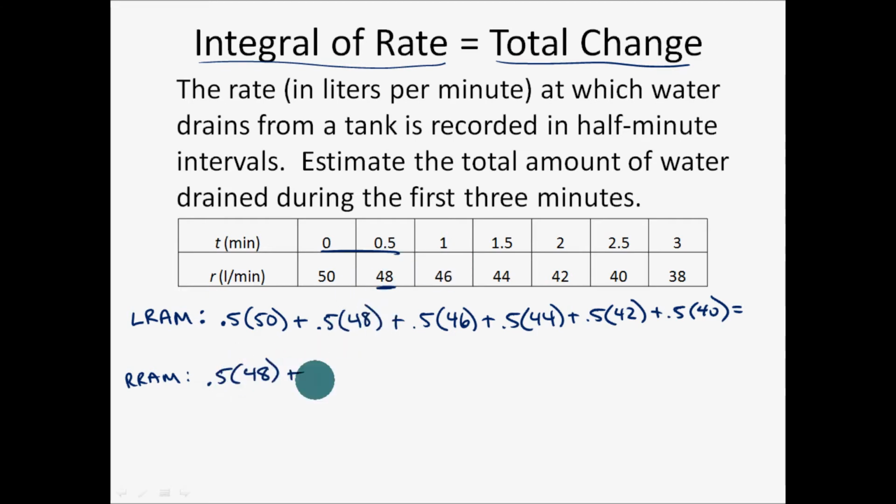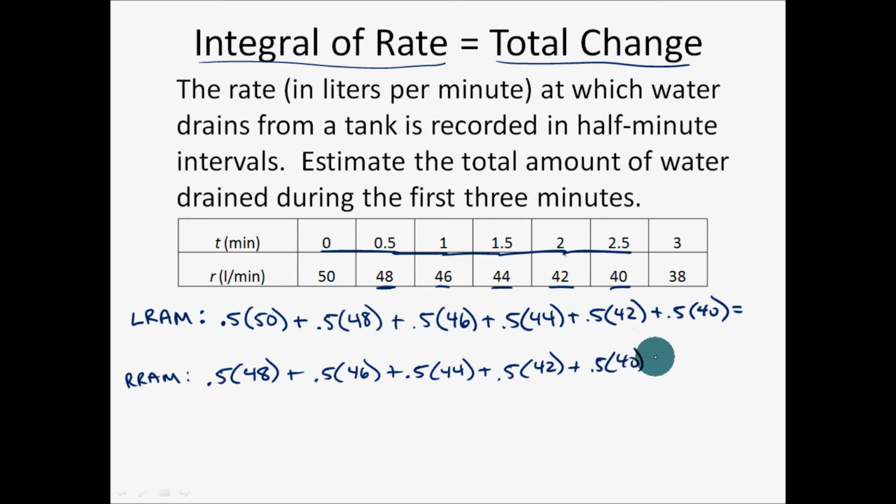From 0.5 to 1 is 0.5 units, and we're choosing the right rate, 46, plus 0.5 times 44, plus 0.5 times 42, plus 0.5 times 40, plus 0.5 times 38.